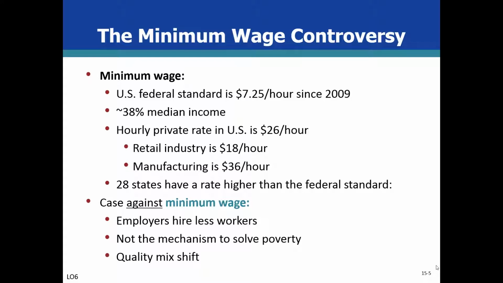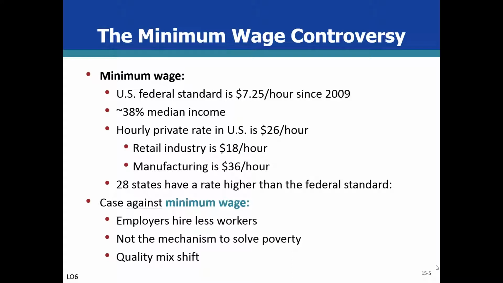Some states have recognized that the federal standard is too low. 28 states now have a minimum wage that is higher than the federal standard. Likewise, President Obama increased the minimum wage for workers under government contracts to $10.10 per hour in 2014.